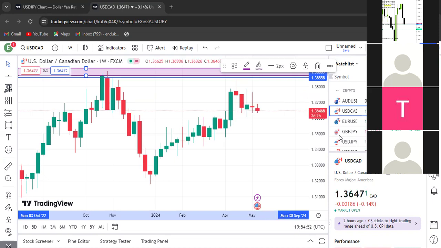Top-down analysis is a technique whereby you analyze the chart from higher time frames before going to lower time frames. So you can look at, let me say, monthly like we just did, and look at what is going to happen.